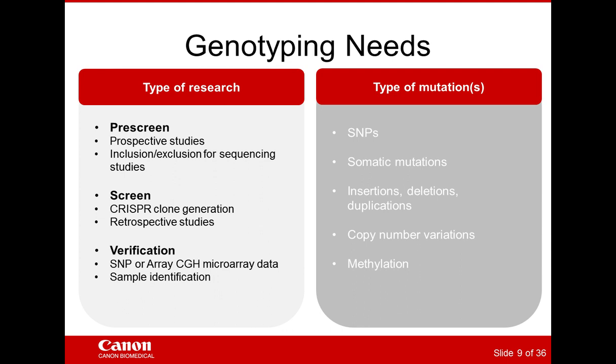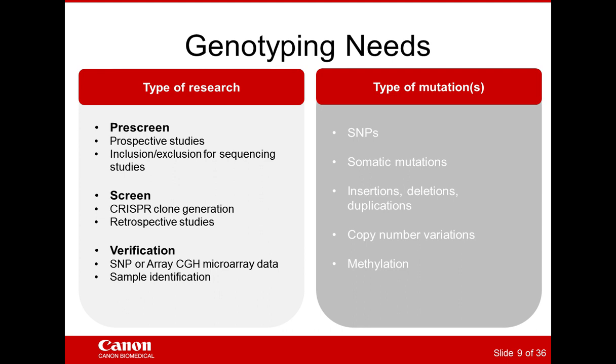So from a pre-screening perspective, what we mean here is inclusion or exclusion criteria for sequencing studies. So the thought here is, instead of sending all samples for sequencing, if you can pick up common mutations that exist within them, you would likely have to sequence fewer of your samples. The next, into a true screening perspective, when we say screening, our thought here is really, we see a lot of interest around CRISPR clone generation.